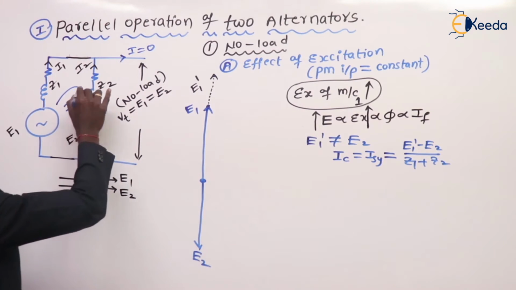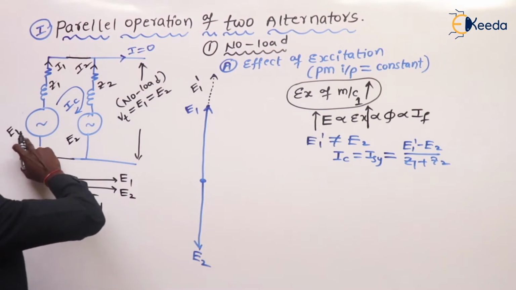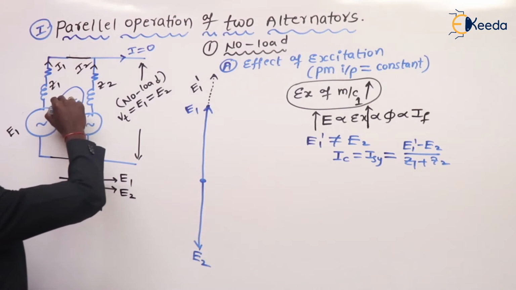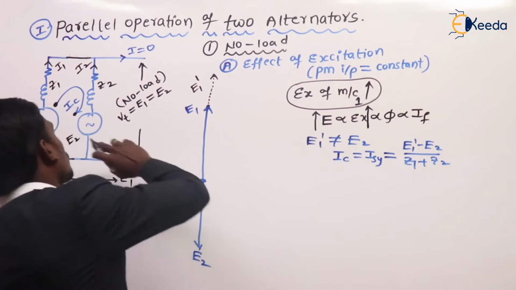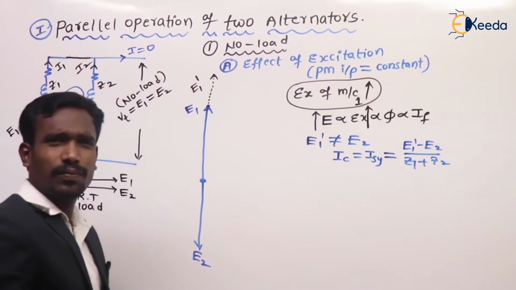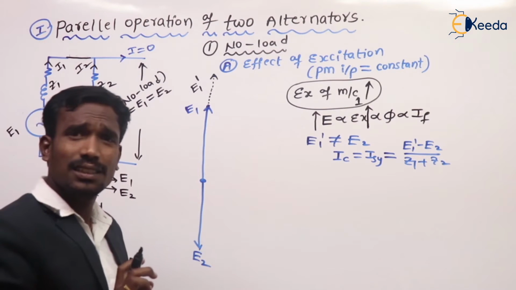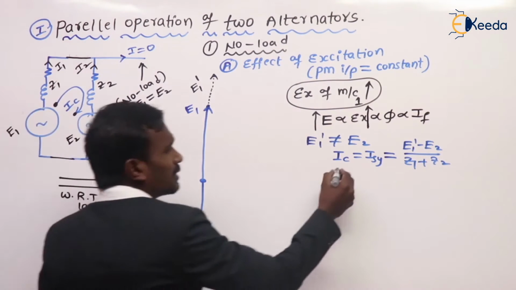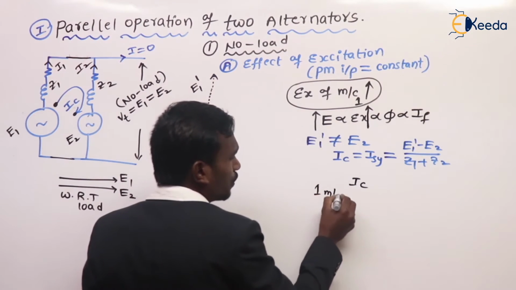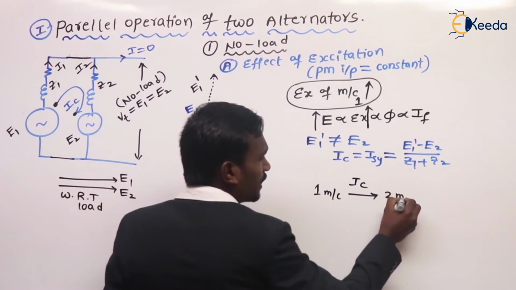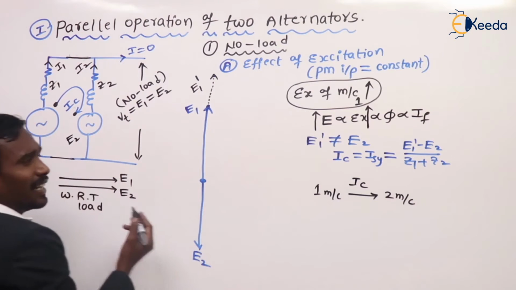This is my circulating current, because here the voltage E1 dash is more than E2, so the current flows from the first machine to the second machine. The first machine acts as a generator.